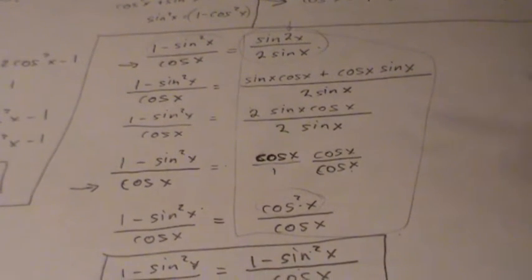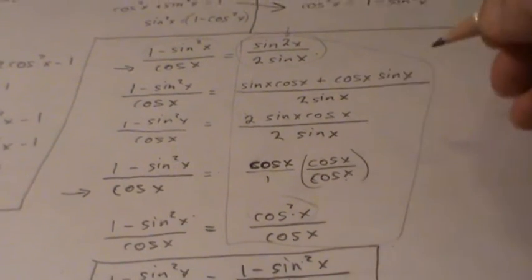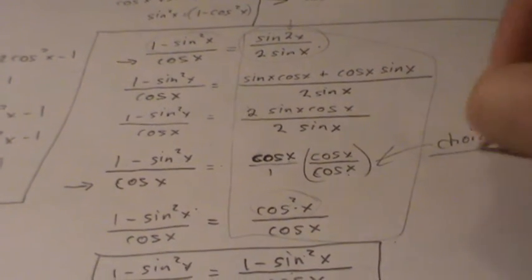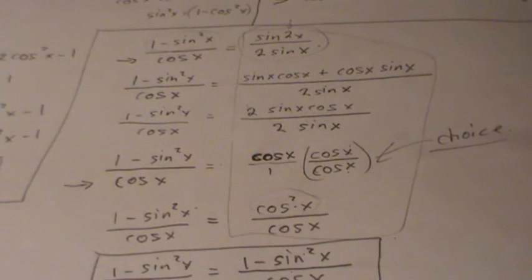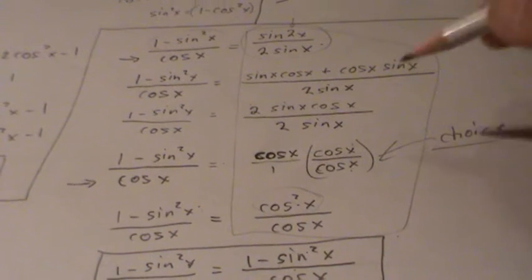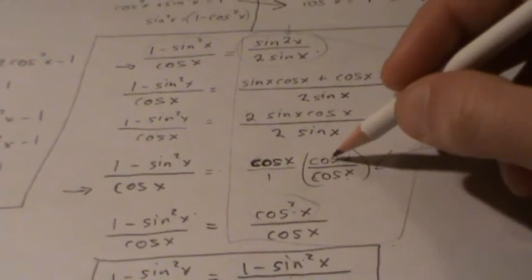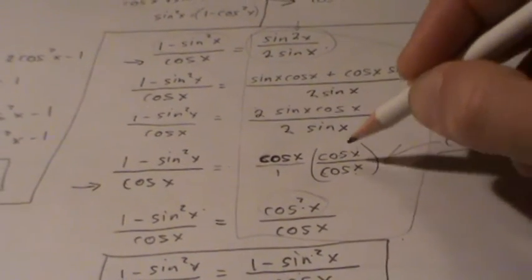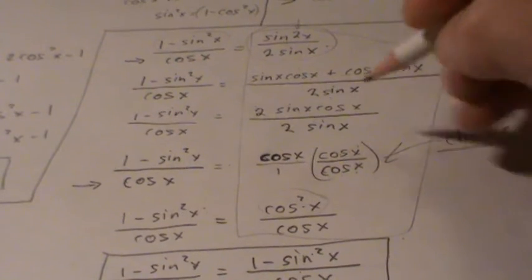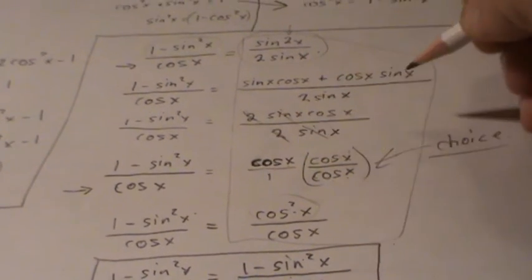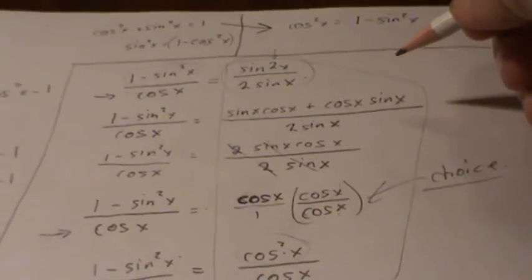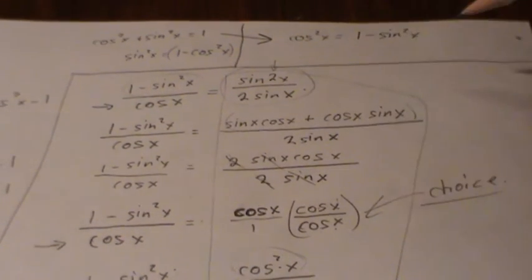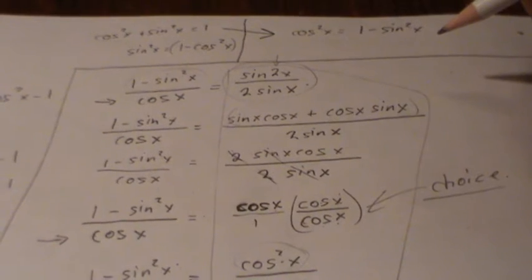So there are a few things that we're allowed to do. We're allowed to multiply by cosine over cosine. Remember, if you multiply by something, you have to multiply by it over itself, so you're actually just multiplying by 1. You're allowed to cancel things. You're allowed to take sine 2x and write it as this using a compound angle formula.